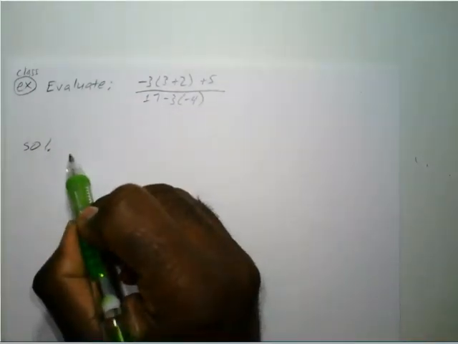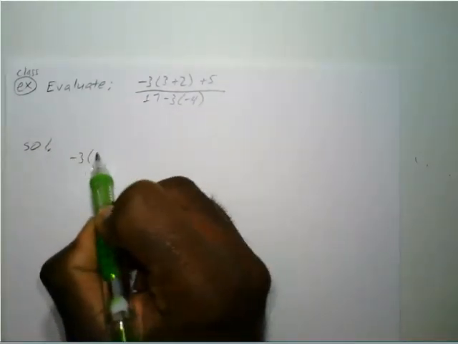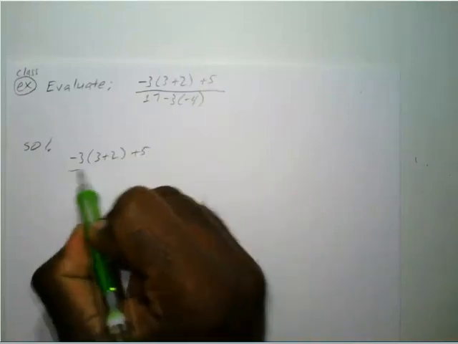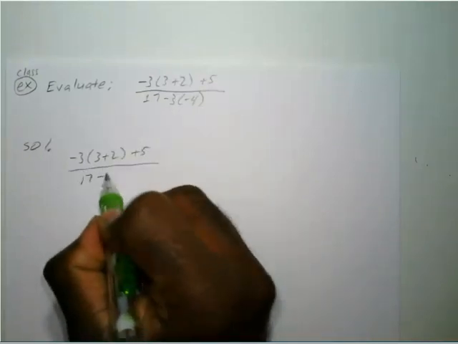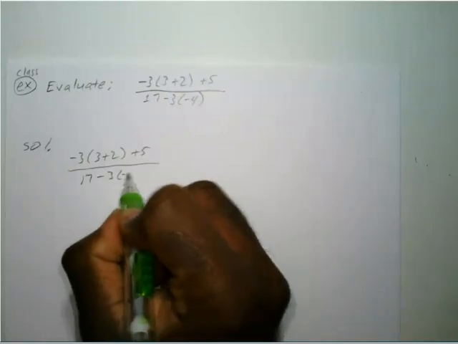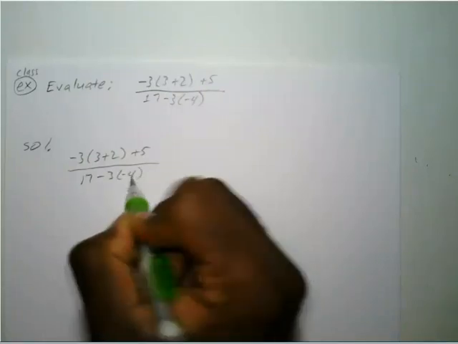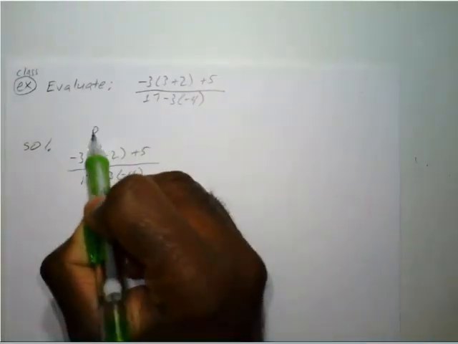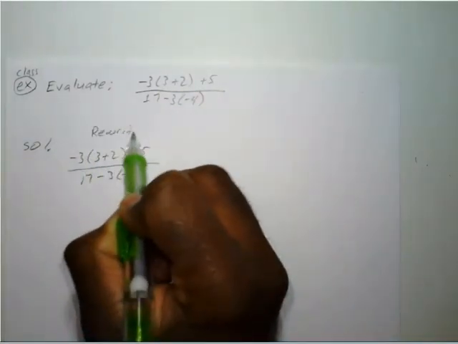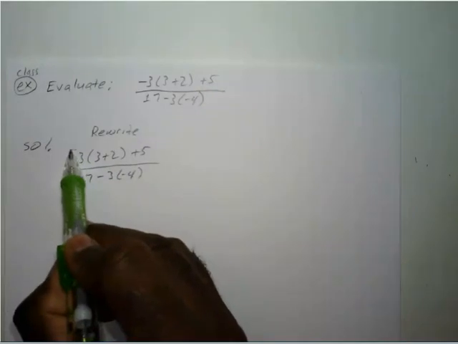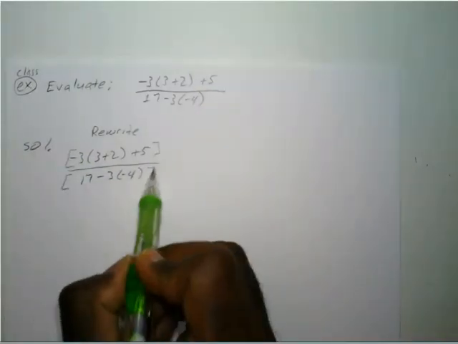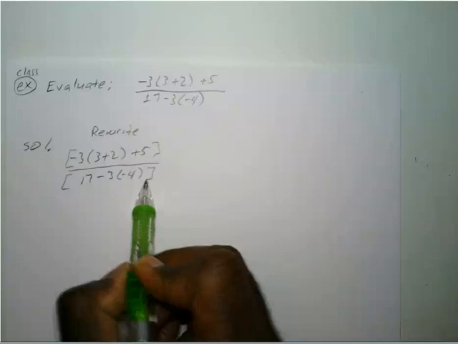So if you have negative 3 times 3 plus 2 plus 5 divided by 17 minus 3 times negative 4, what we're going to do here is rewrite it. Because remember, that's just saying you have this whole numerator divided by this entire denominator.